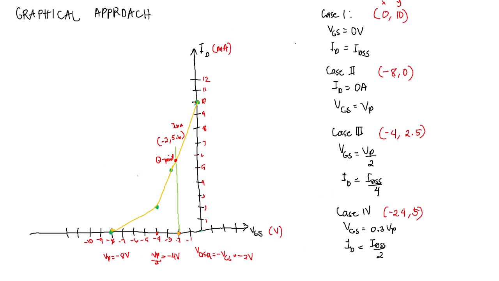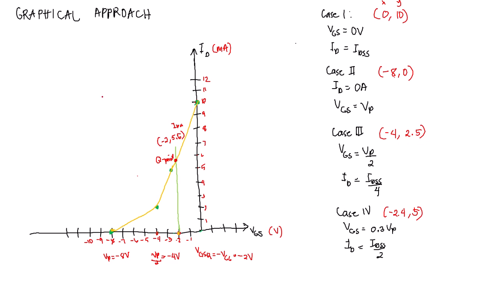Since in the graphical approach it's so hard to see beyond the second decimal place, we'll just estimate that to 5.6 milliamperes, which is very near our computed value of exactly 5.625. So that's the graphical approach.